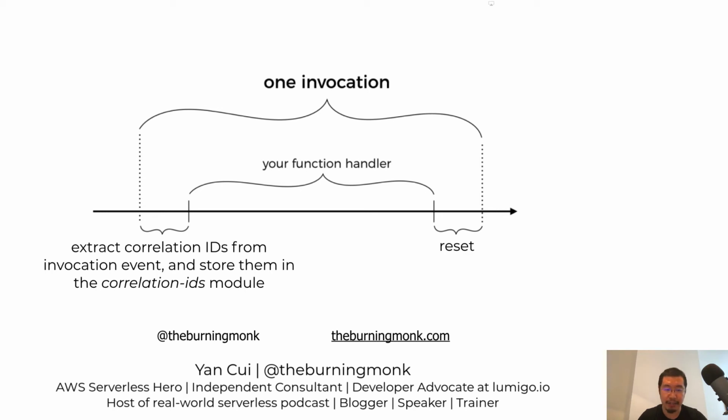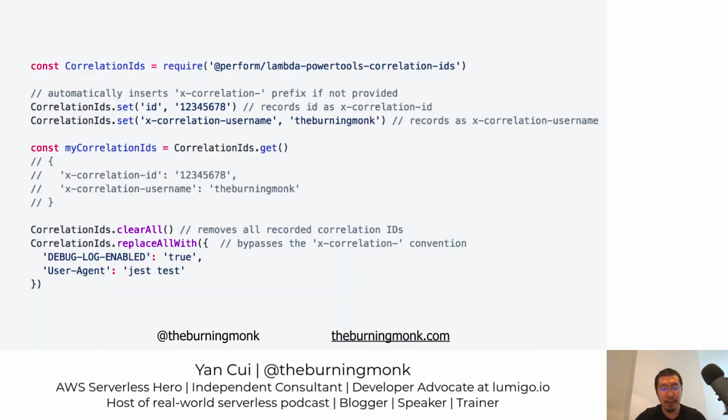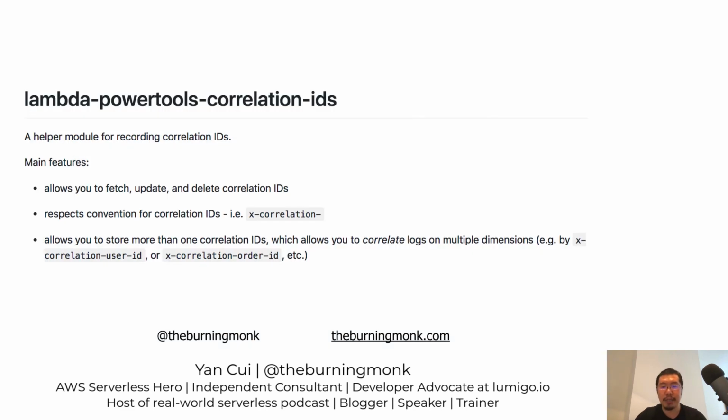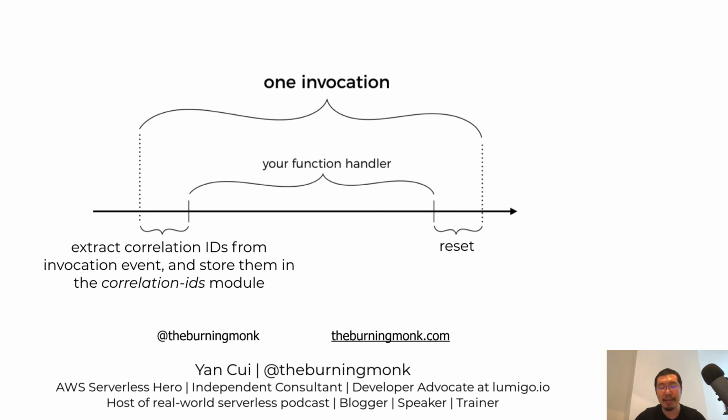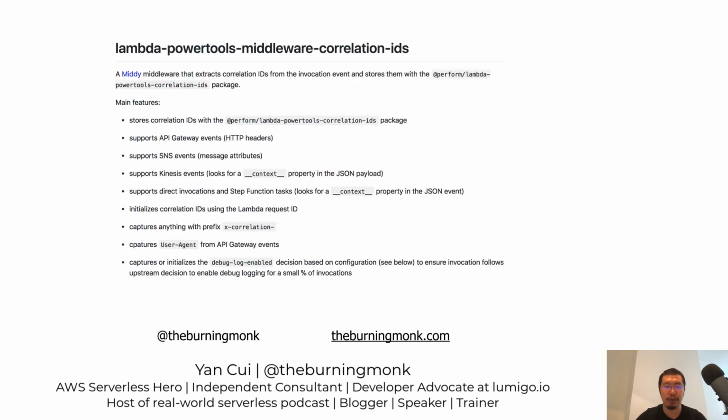Is it an SNS event? If so, we know where to look for correlation IDs. For HTTP, we look for them in the headers. For SNS messages, we look for them in the message attributes. Then we extract them and make them available in the correlation IDs module, so that the logger, every time you log anything, will include them automatically without you having to consciously make the effort to do that every single time.